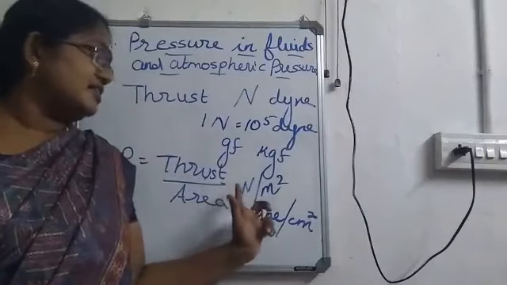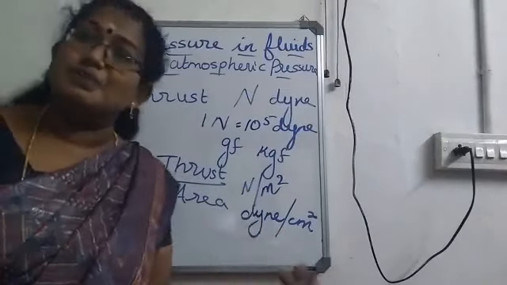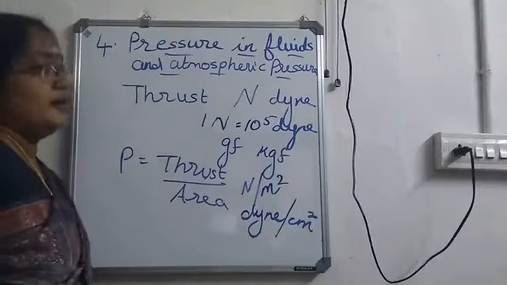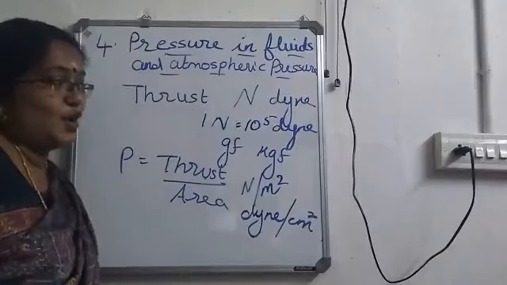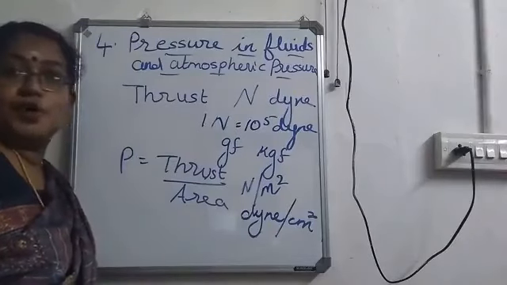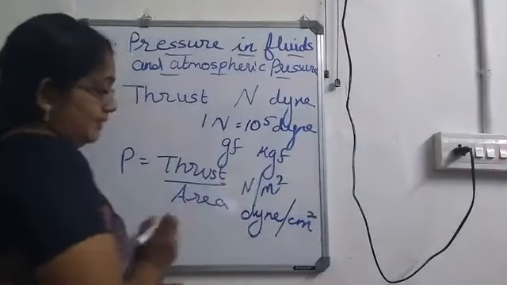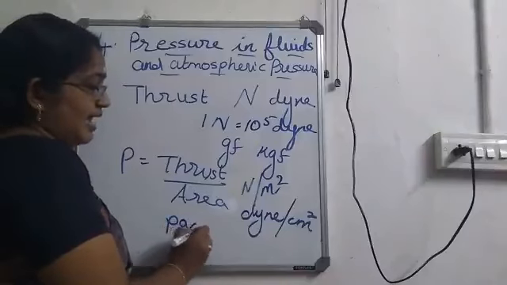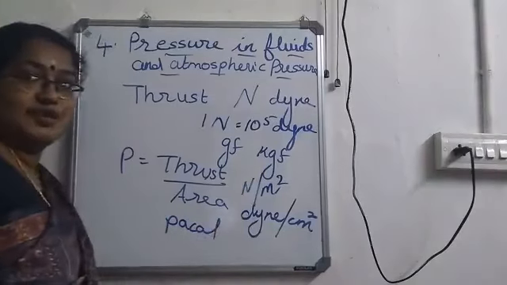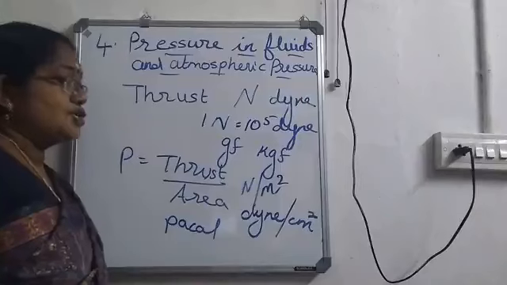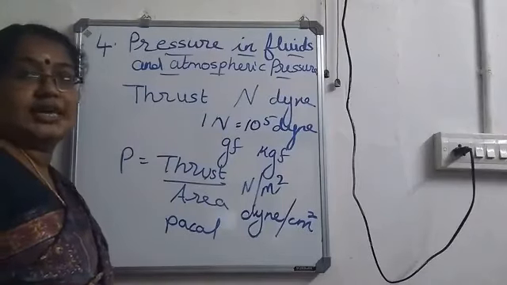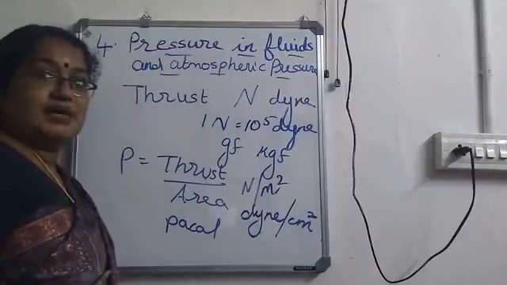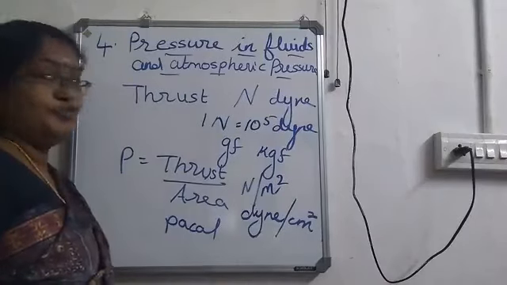This Newton per meter square is known as Pascal. This is the name of a scientist. So instead of Newton per meter square, normally we will say pressure in Pascal. So Pascal is also the unit of pressure.